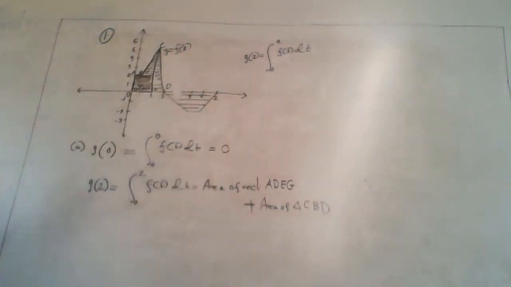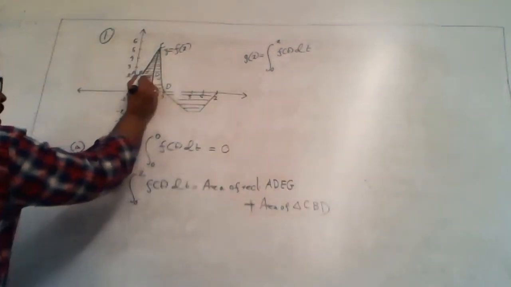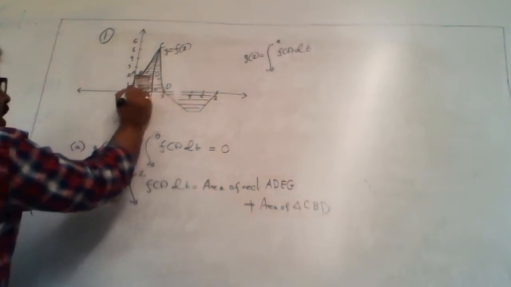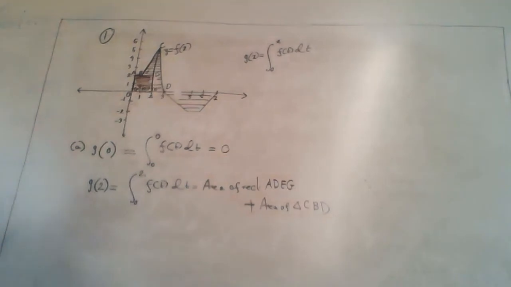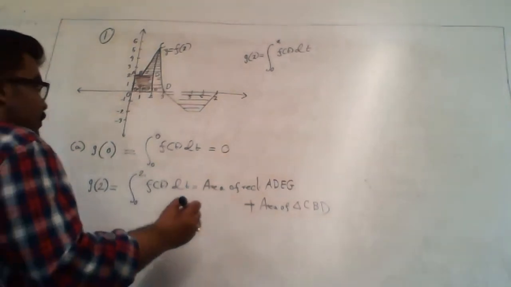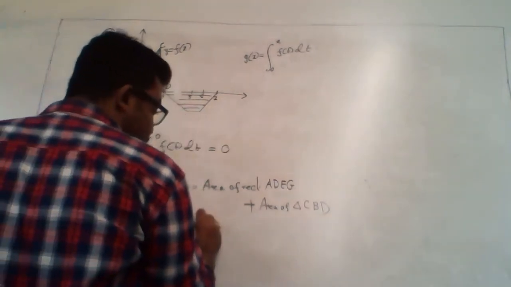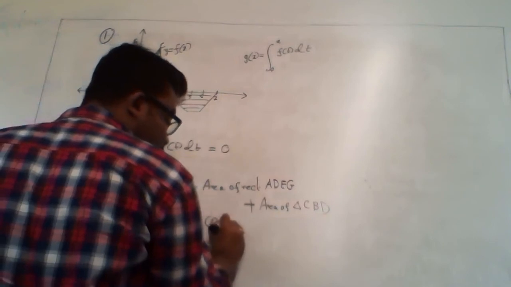Right, now what is the area of this rectangle? Its length is also 2 and its width is also 2, right? So its area will be length times width, it will be 2 times 2.